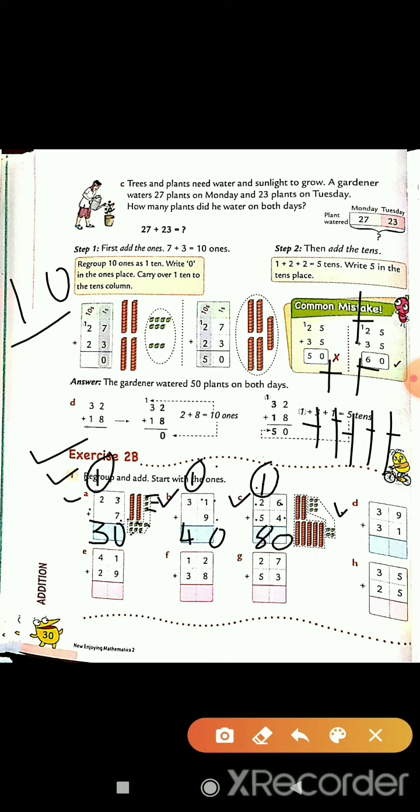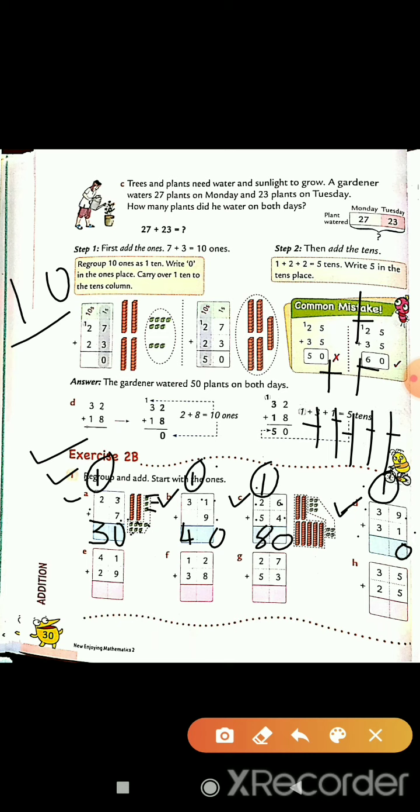Next, 39 plus 31. 9 plus 1 is 10. So write 0 here and 1 is carried to the tens column. Now 1 plus 3 plus 3. 3 is repeated. So what is the double of 3? We have already studied this in our previous part, that is part 1.